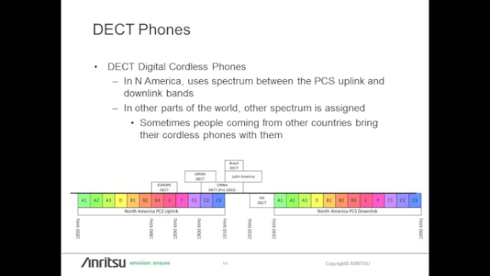Another one I wanted to mention, this is very, very common with digital cordless phones. I'm showing a spectrum where the PCS in North America, uplink and downlink. You'll have people from other countries moving to this area that bring along their digital cordless phones. If you're from Europe, you're going to cause problems.